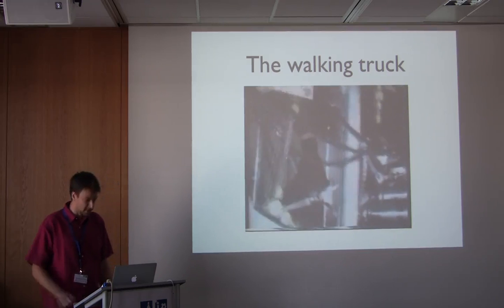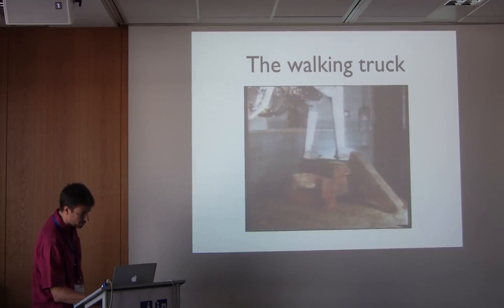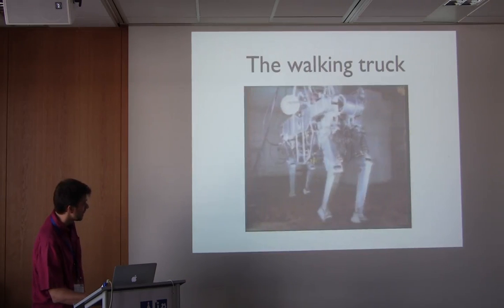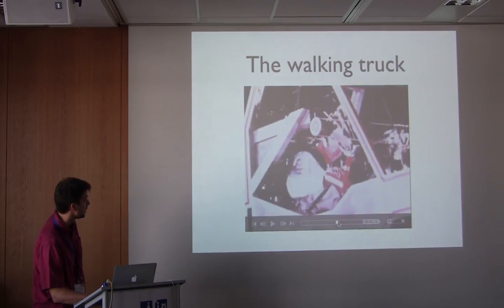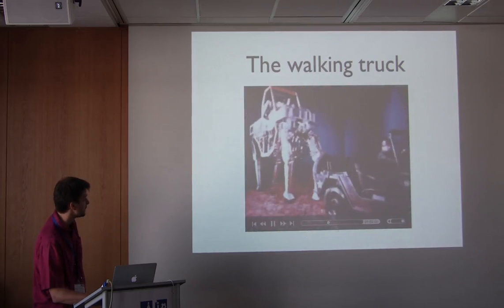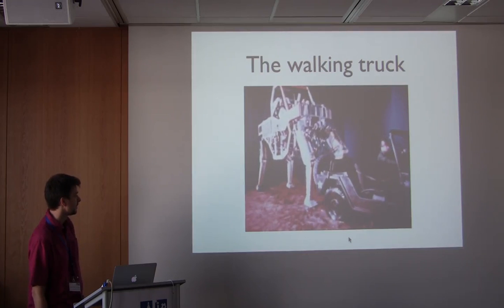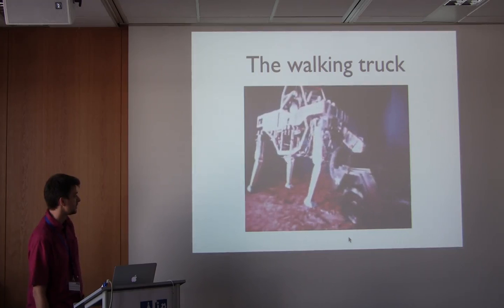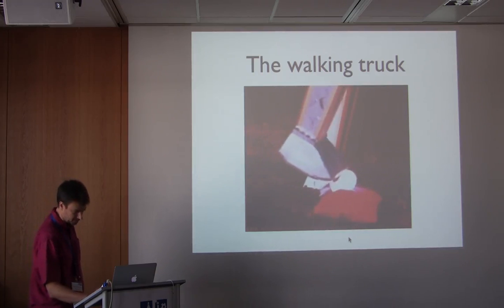Because you have this big truck, then you have maybe, can I go to, no, sorry. Here. Because you can see it move a Jeep there. So you can see so much power in this. So that was the kind of idea they had at that time of what a robot could be helpful for.